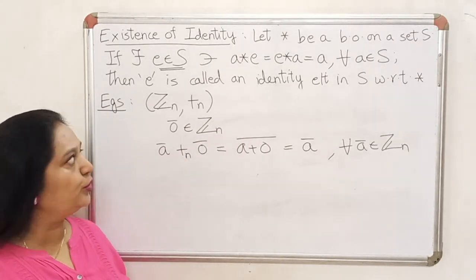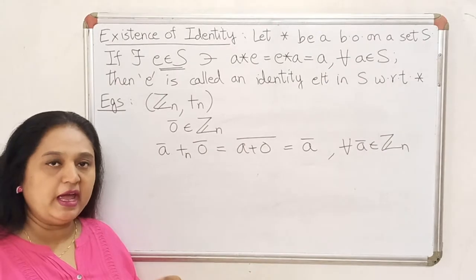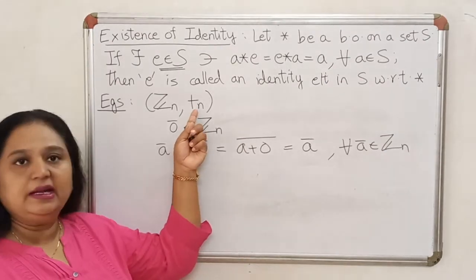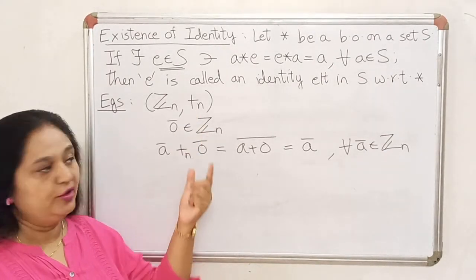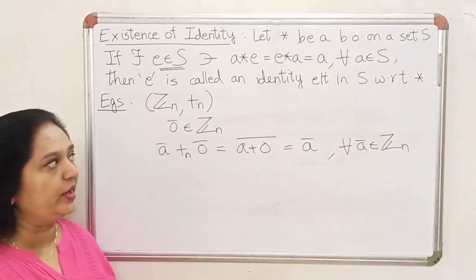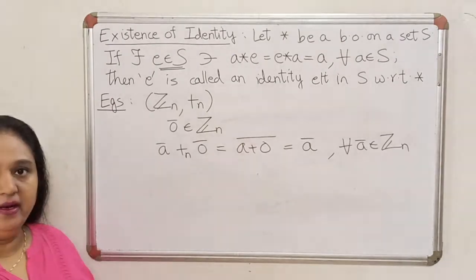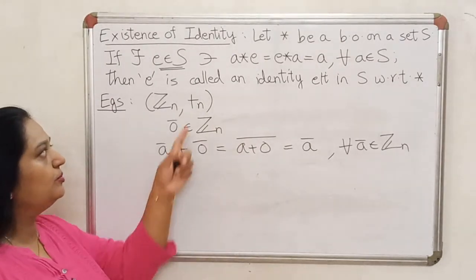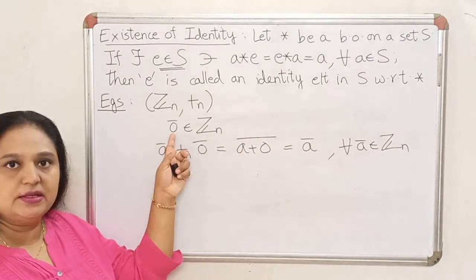Of course, I don't need to prove that, because if you remember, I have already mentioned earlier that this operation is commutative. So if this works, the equation the other way around is also going to work. So in Zn, the identity for addition modulo n is 0 bar.